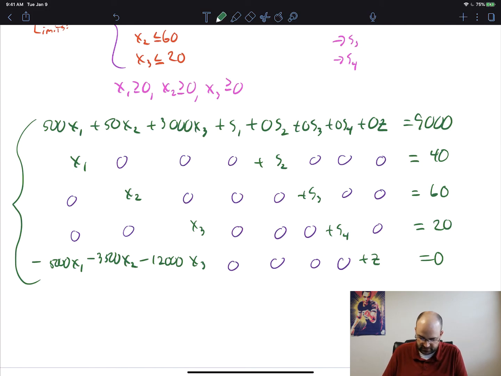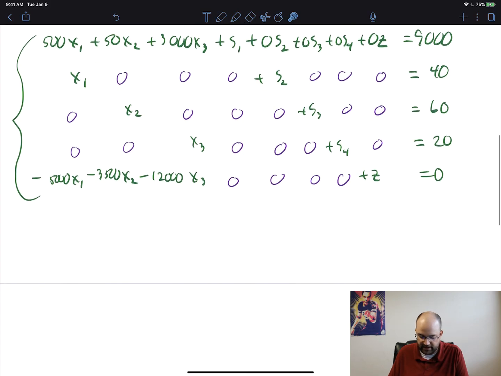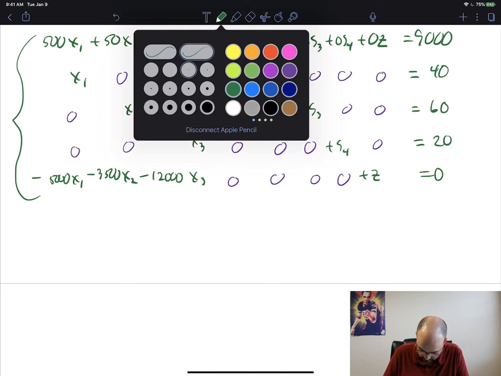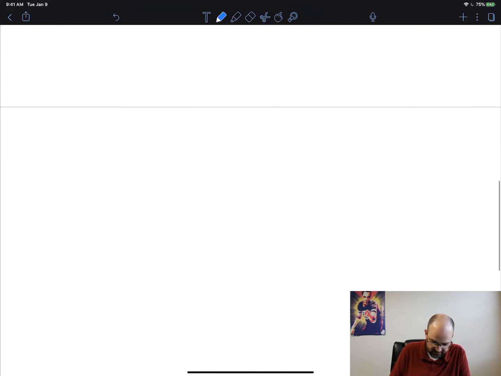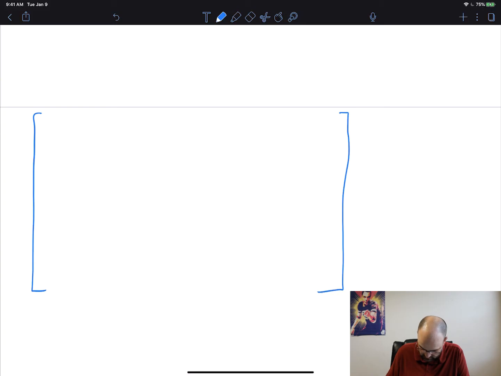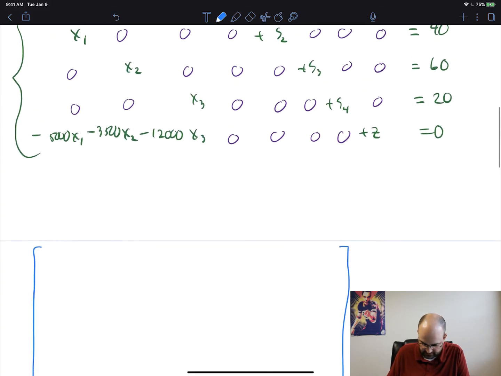Awesome. Now, just a quick question. 1, 2, 3, 4, 5 different rows. 1, 2, 3, 4, 5, 6, 7, 8, 9 different columns. So this is a 5 by 9 matrix. For our matrix, I'm going to start down here with the last row. It's easiest for this one.